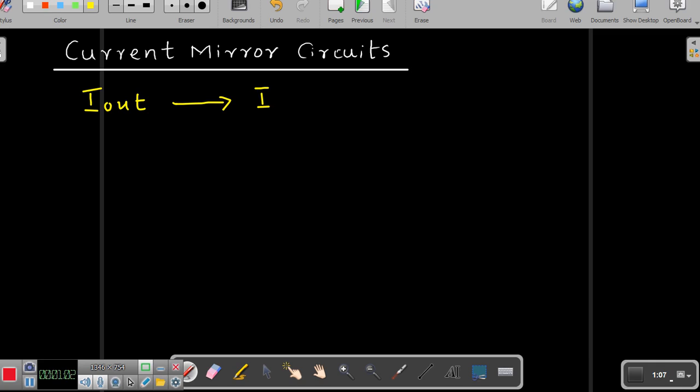Let me call this input current the reference current. Now, why do we need this? That is the question. Before that, we will first try to understand the basic definition of the current mirror circuit. Later, we will go into the details of why we need it.